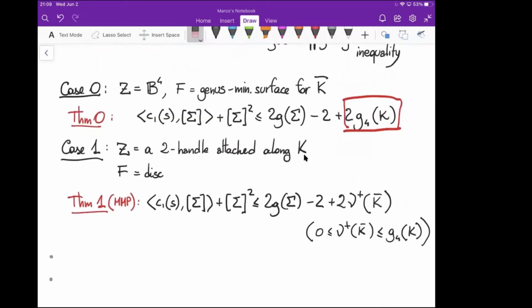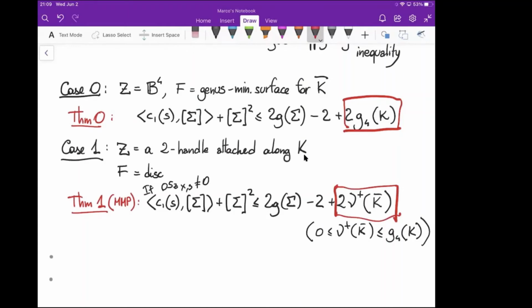get the following result under the assumption that the Seiberg-Witten invariant, the Ozsváth-Szabó invariant of X, S is non-zero. Then we get an adjunction inequality completely analogous to the previous one, except that now we get twice nu plus of K bar, where nu plus is an invariant coming from Heegaard Floer homology.